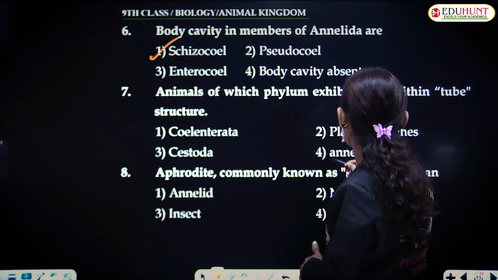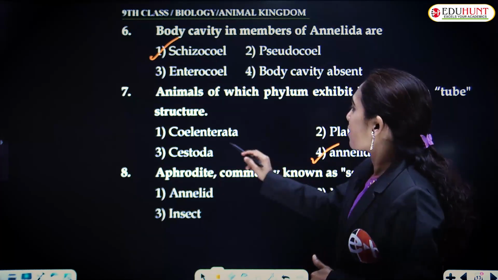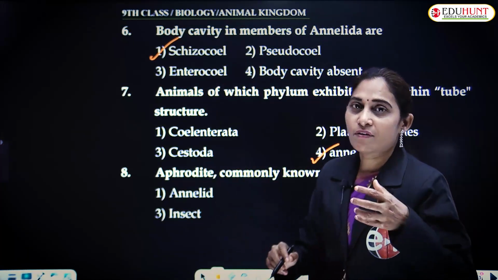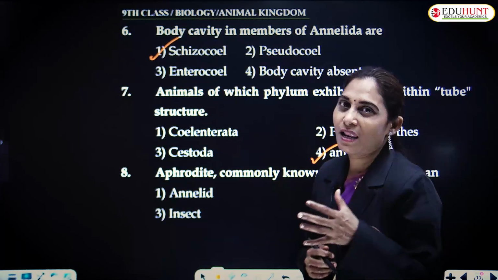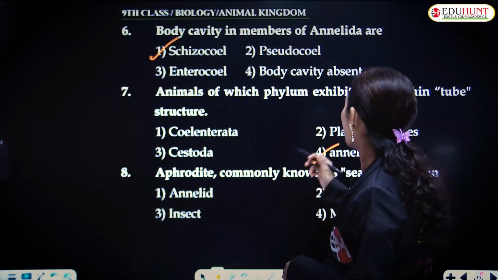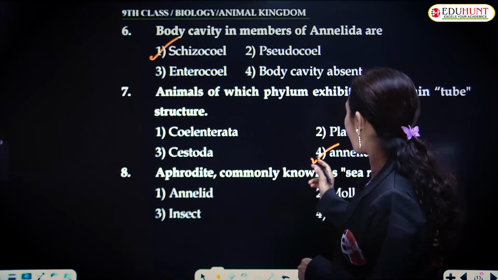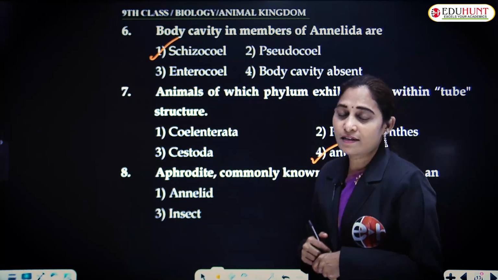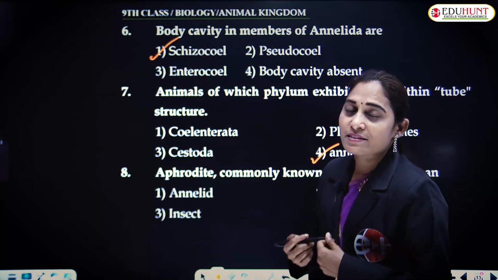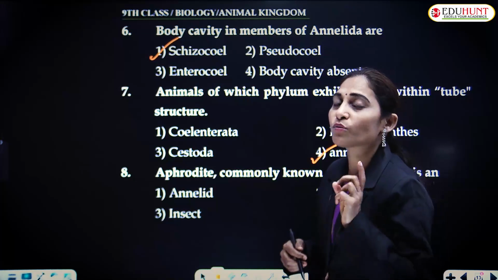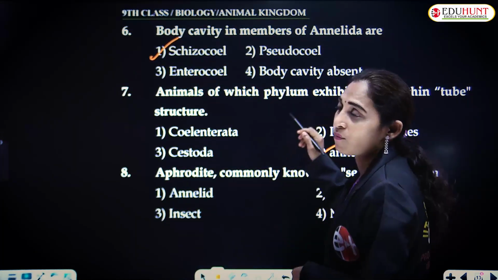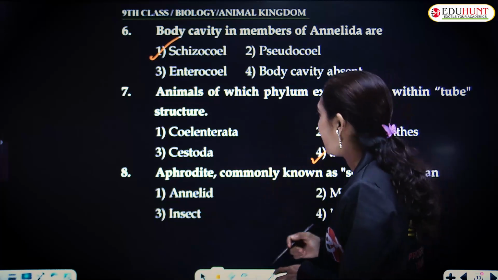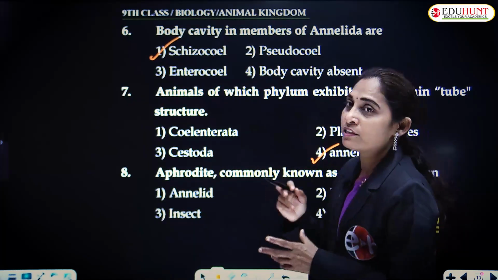Here in this case it is Annelida, because Coelenterata have a blind sac, and even Platyhelminthes and Ctenophora have a blind sac body plan. The only correct option here is Annelida. If they give Aschelminthes too, we have to choose both 1 and 2. But in this case, only Annelida is correct, having the tube within tube body plan.